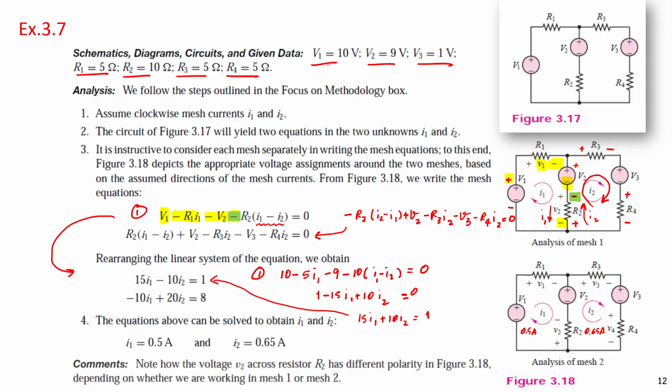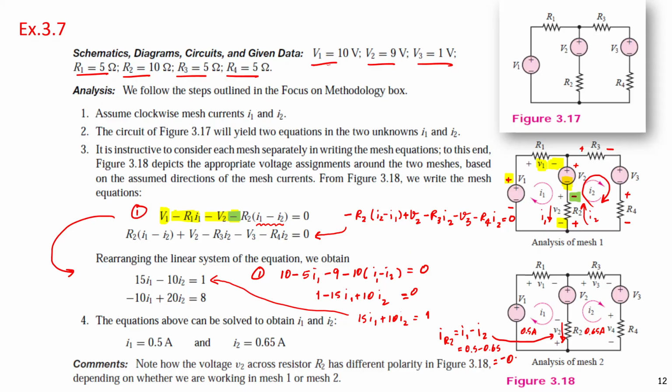How much for the current flowing through R2? It should be I1 minus I2, right? The current flowing through R2 is 0.5 minus 0.65, equal to how much?